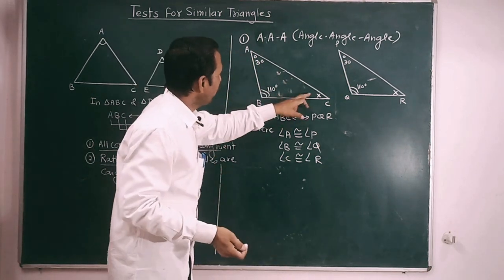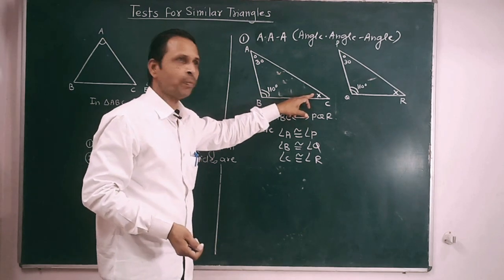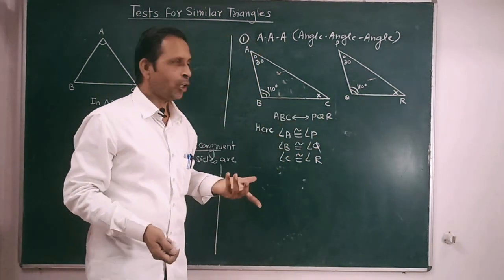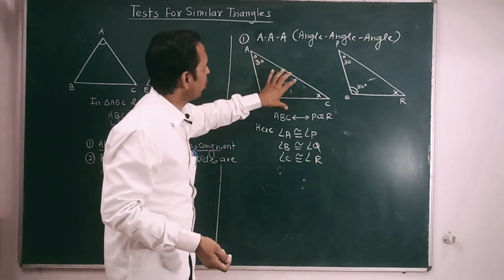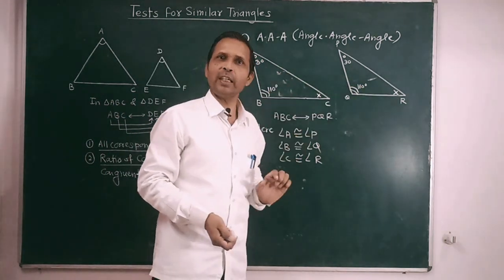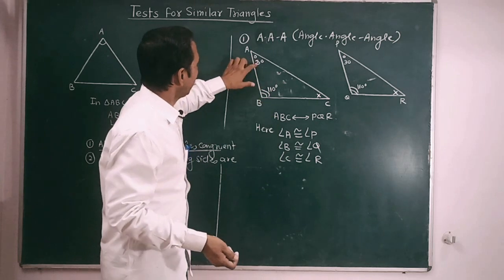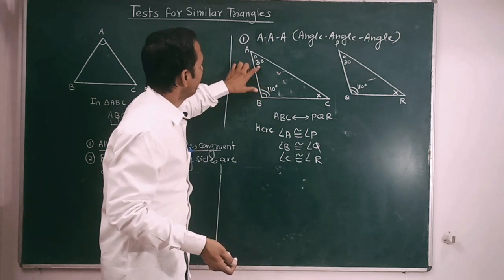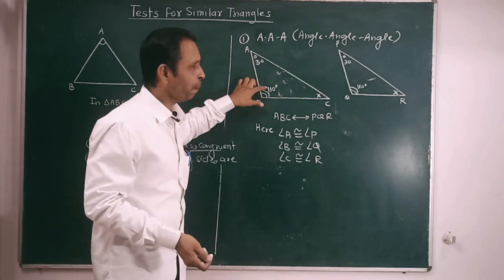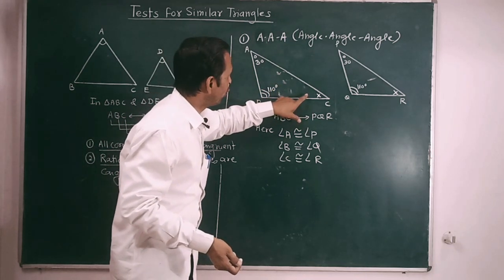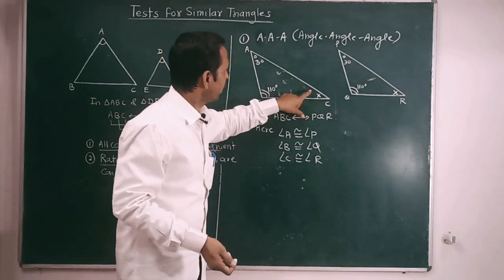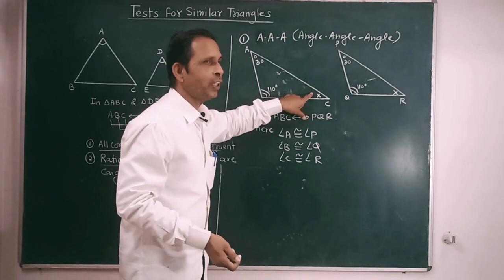The remaining angle must also be congruent, because the sum of the measures of the three angles of a triangle is 180 degrees, we know it. This is 30 degrees, this is 110, which means 140 degrees. 180 minus 140, we will get 40 degrees, and that's why this angle is 40 degrees.